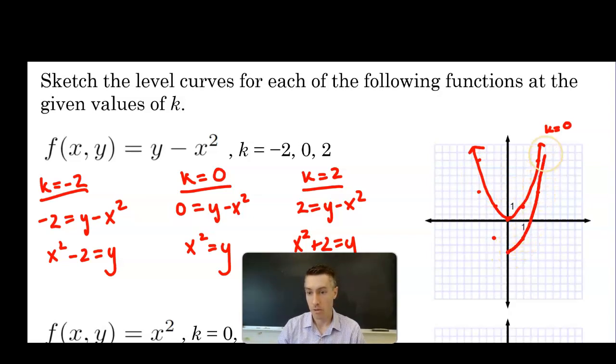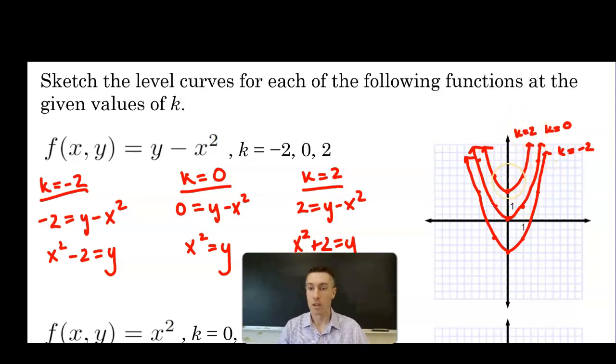Now they're going to get pretty close together up near the top, because of the curves that they are. That's k equals -2. And then we can shift every point up to get our third level curve, and that's k equals 2.